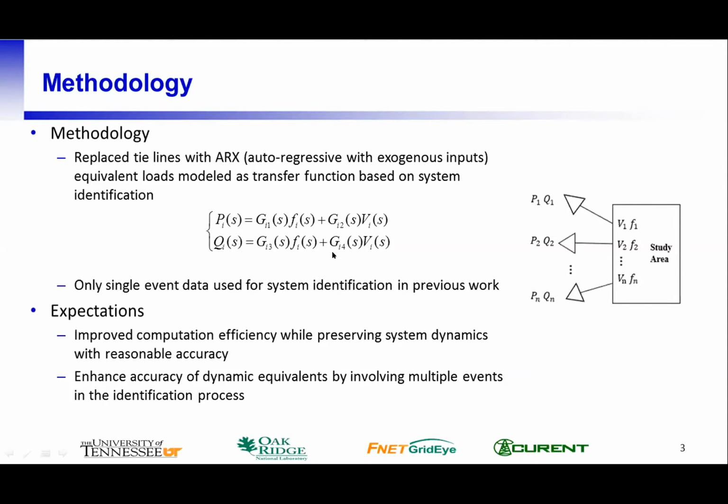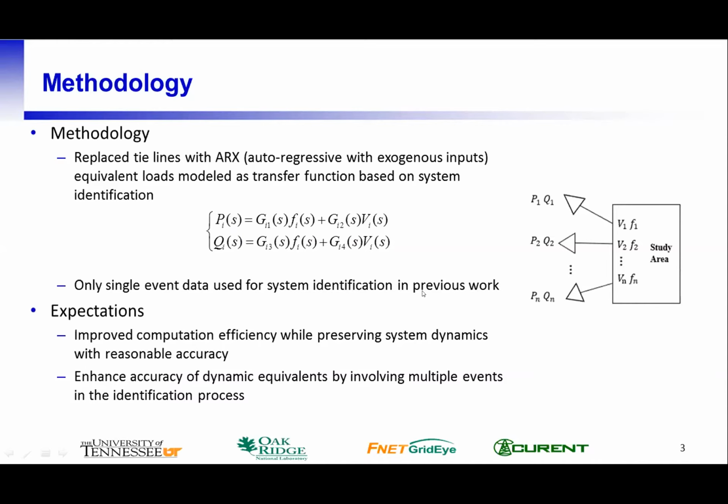The equivalent load power is expected to follow the dynamics of the real tie-line flow of the full order system. So generally, the main task of this method is the parameterization of the transfer function using only the boundary measurements, with the objective of preserving the dynamic behavior within the study area.